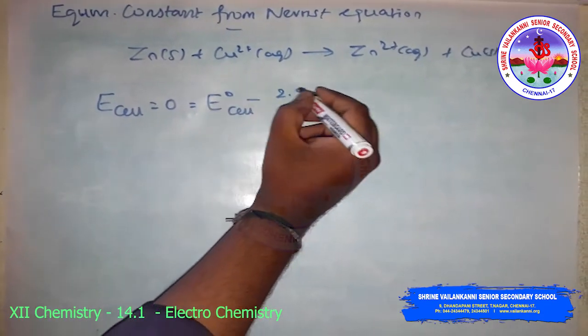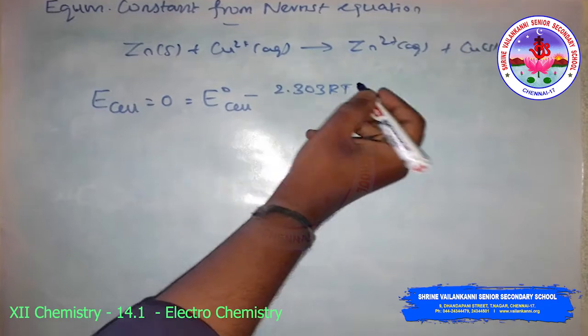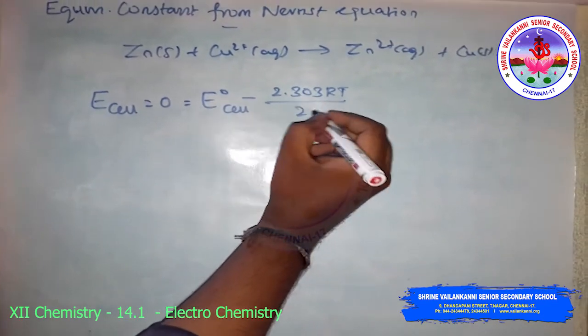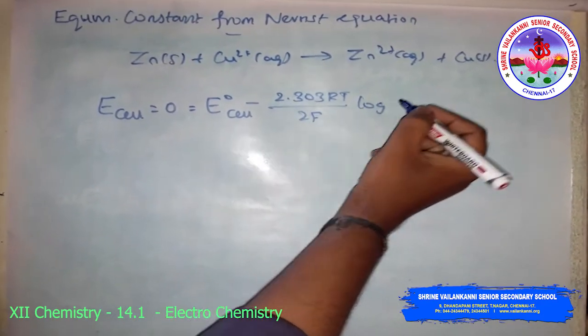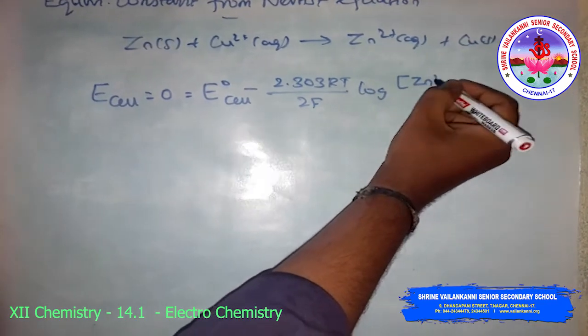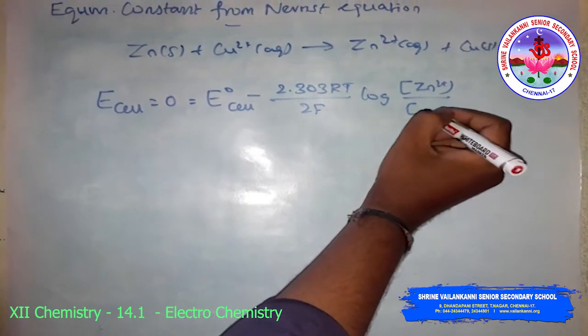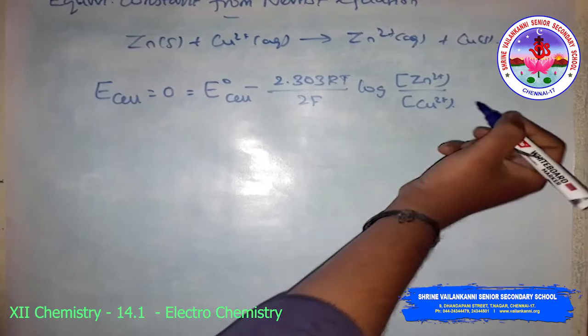minus 2.303 RT divided by 2F into log of [Zn2+] divided by [Cu2+].